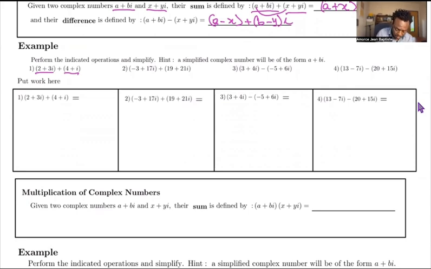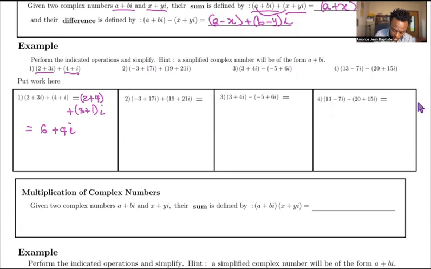So that will be 2 plus 4, plus 3 plus 1, the coefficient of i. So this equals 6 plus 4i.